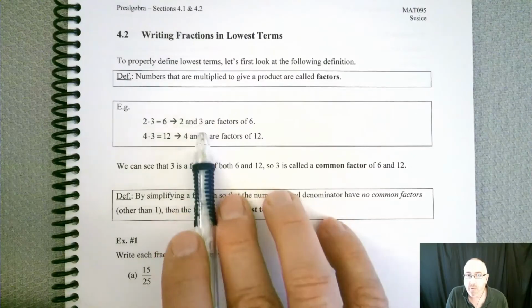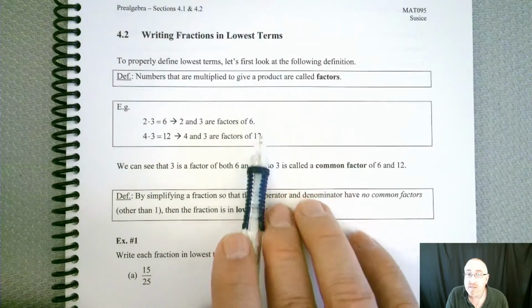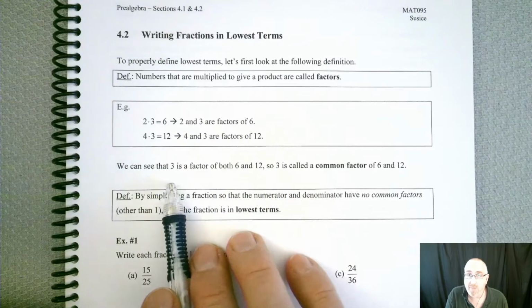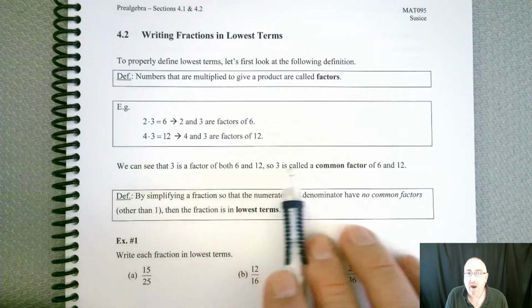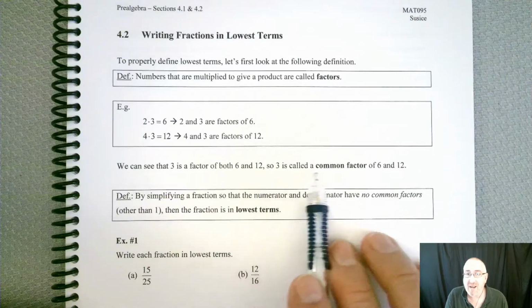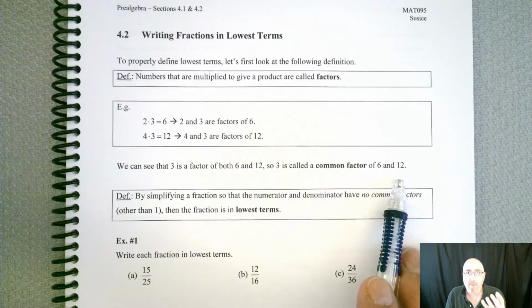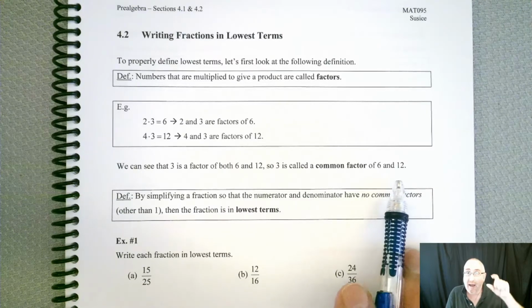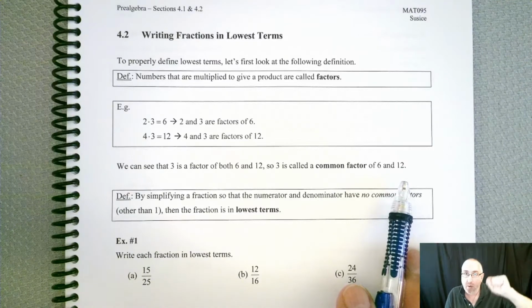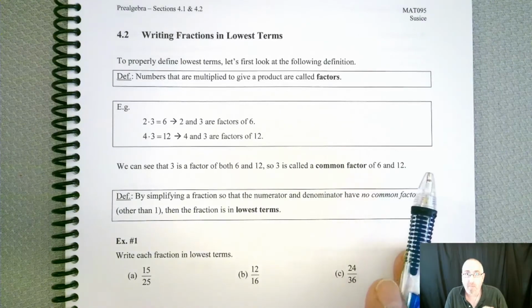Because 3 is a factor of both 6 and 12, we can go a step further and say that 3 is a common factor of 6 and 12. And that's the magic number we're trying to find in any given fraction. What's that common factor that goes into both the top and the bottom?